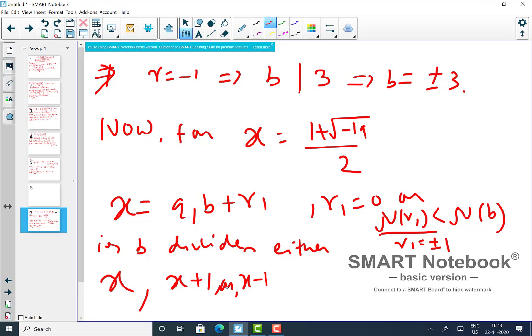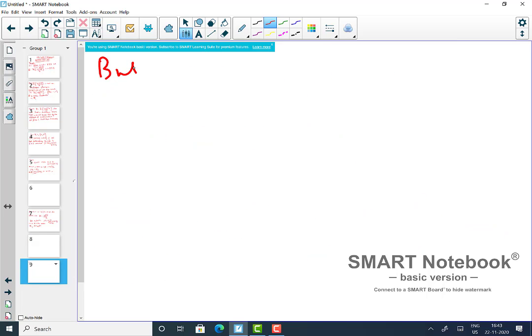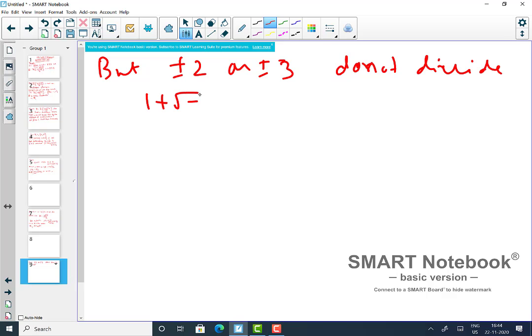Now B equal to plus or minus 2 or plus or minus 3 does not divide this element 1 plus root minus 19 over 2, or that element plus or minus 1.